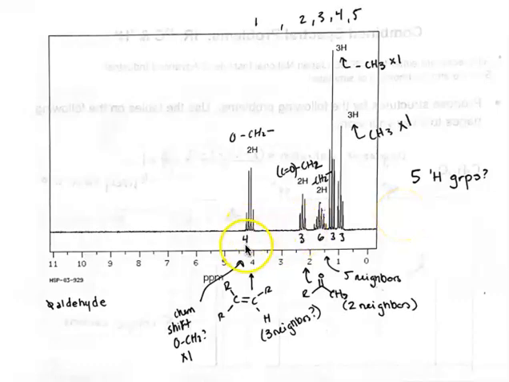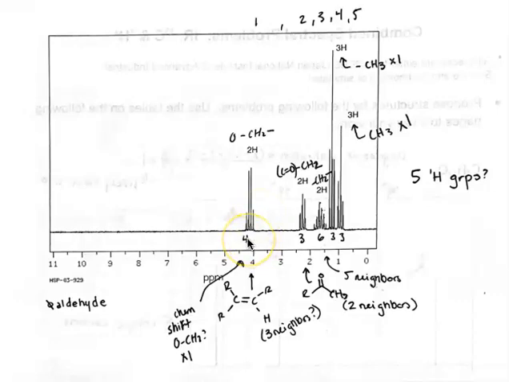So you'll see these numbers at the bottom that I have marked off, 4, 3, 6, 3, and 3. These are marking what the multiplicity of each peak is. So as it has multiple peaks, if you subtract 1 from the number of peaks you have total, that's going to give you the number of neighbors the hydrogen has.